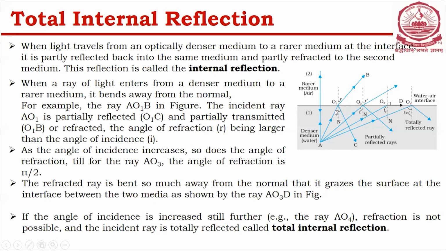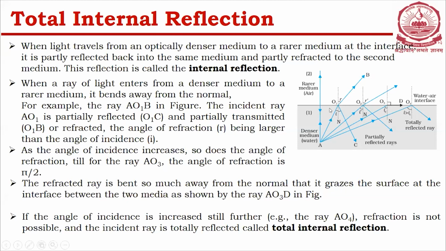But at a particular angle of incidence, the refracted ray grazes the surface of the medium, and the reflected ray and refracted ray are mutually perpendicular to each other. The angle of incidence at that point is called the critical angle. What is the critical angle? The angle at which the refracted ray and the reflected ray are mutually perpendicular to each other.